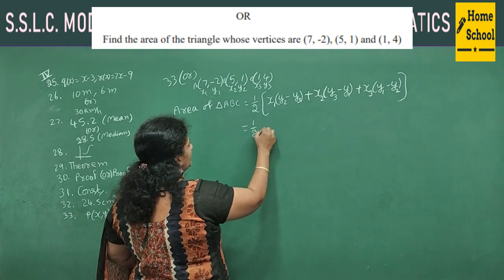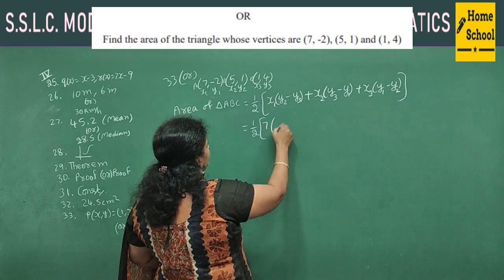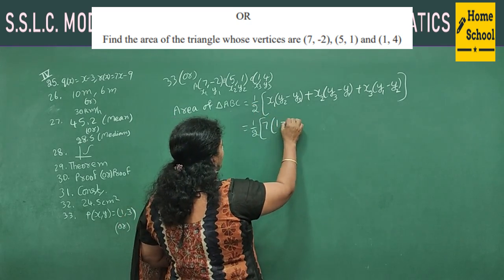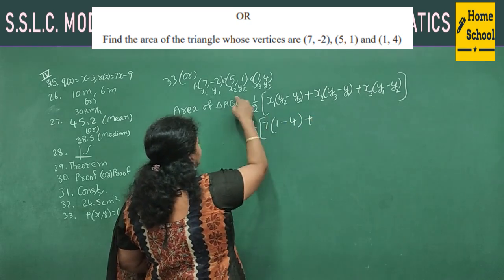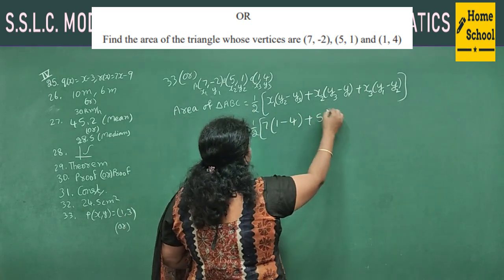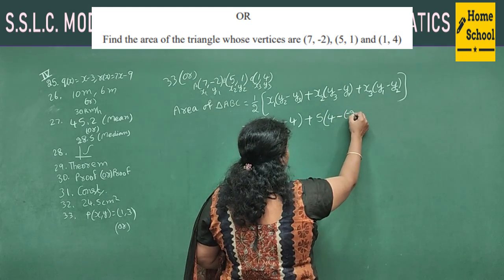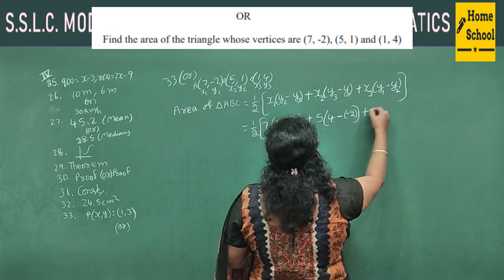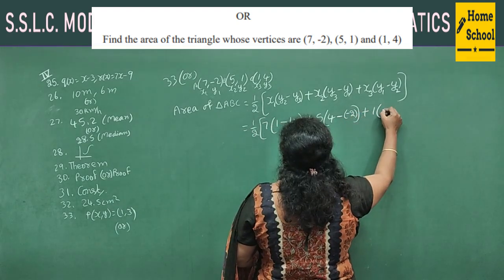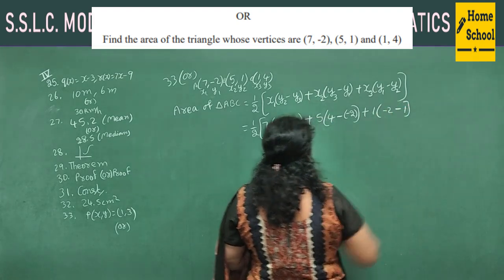Substitute in this formula. Half of x1 value is 7, y2 value 1 minus, observe there y3 is 4, plus x2 value is 5, y3 value 4 minus y1 value is minus 2. So don't forget to keep it in brackets, plus x3 is 1, y1 minus 2 minus y2 value is 1.